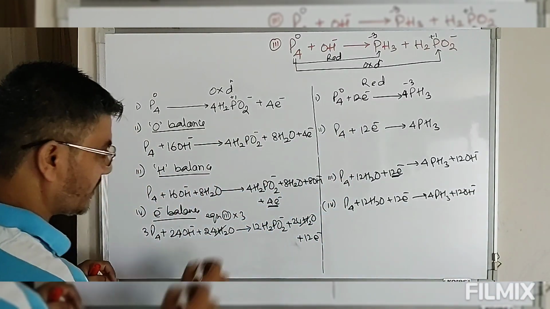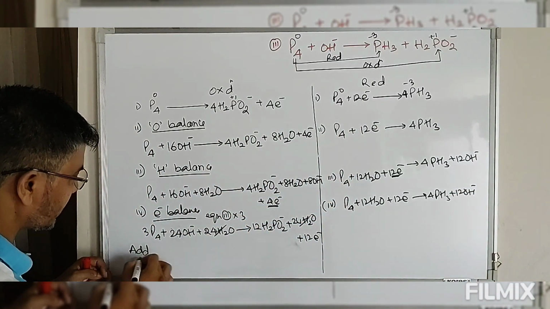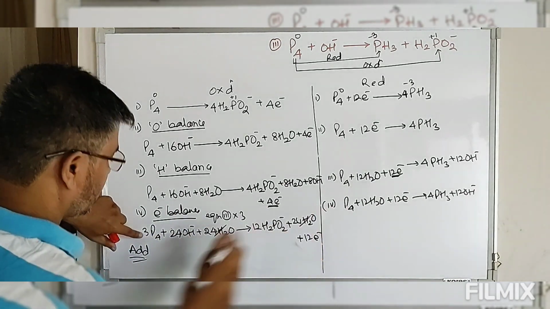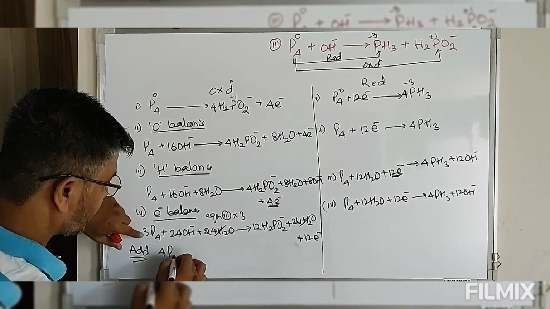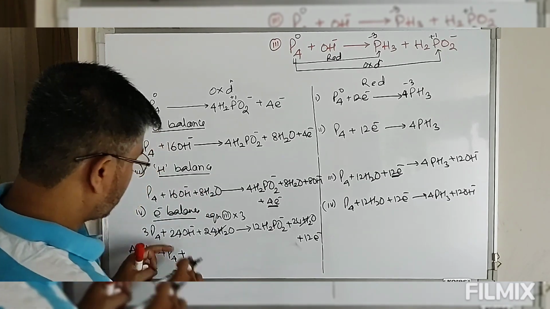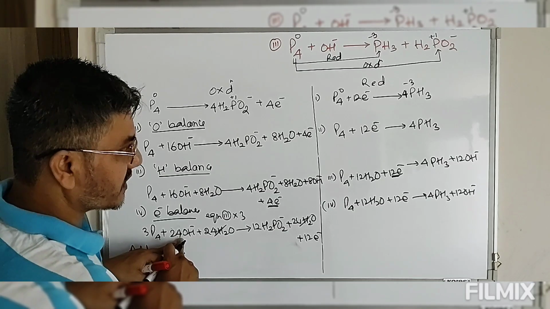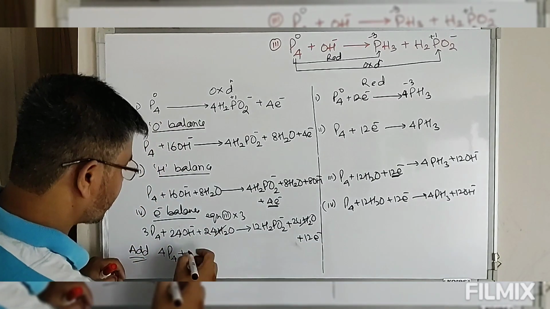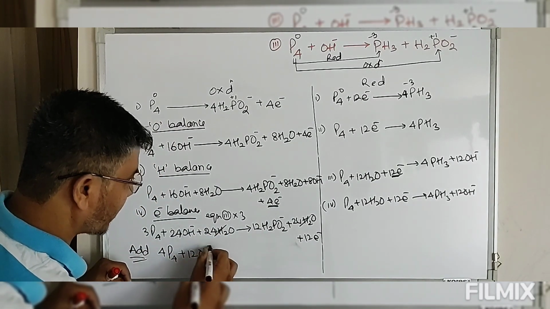Now what we have to do is simply add. The last step is the addition of these half reactions. So left side 3 plus 1, 4P4 plus, now look at this, 24 OH⁻ on the left side, there is 12 OH⁻ on the right side, so 24 minus 12, we have 12 OH⁻ left.